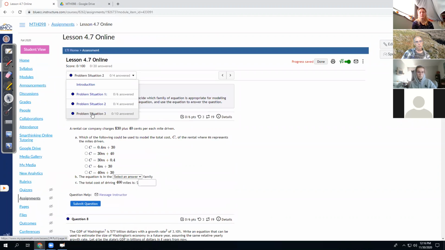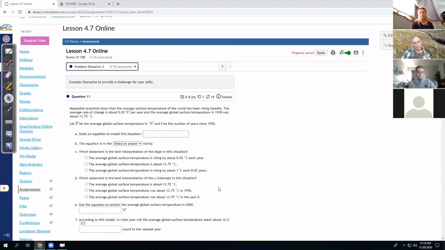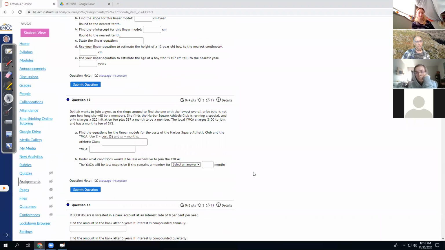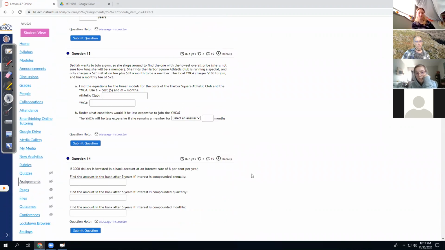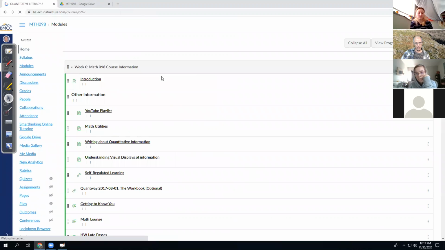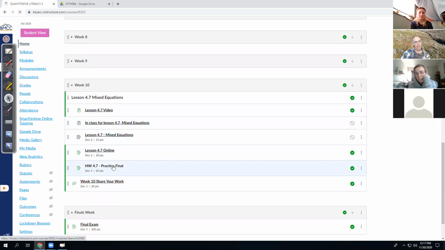And then the last page on this homework were slightly more complicated versions of those kinds of problems that we'll play with here. So this assignment gets progressively harder on the 3 pages. And then the assignment after this one is pretty similar. It's just more of the same kinds of problems, but different examples of each one. And so that's that final practice. And then we'll do our notes.